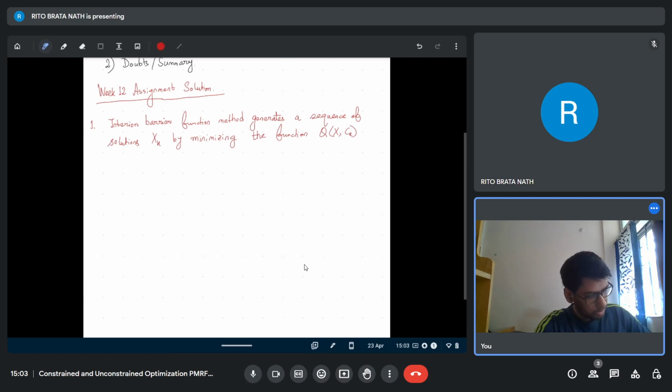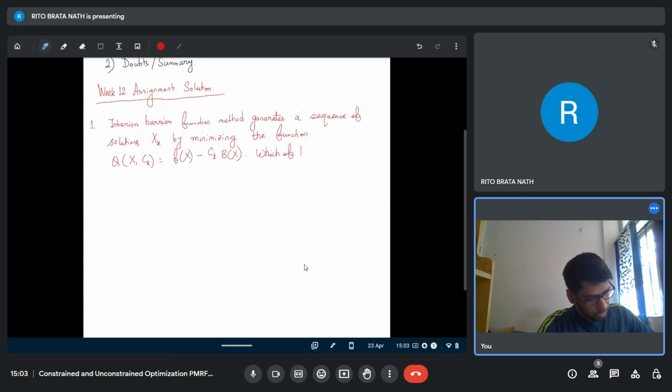This equals, so I'll write it down in the next line, Q(x, ck) equals f(x) minus ck times B(x). Then which of the following is not true for the barrier function, which is B(x)?